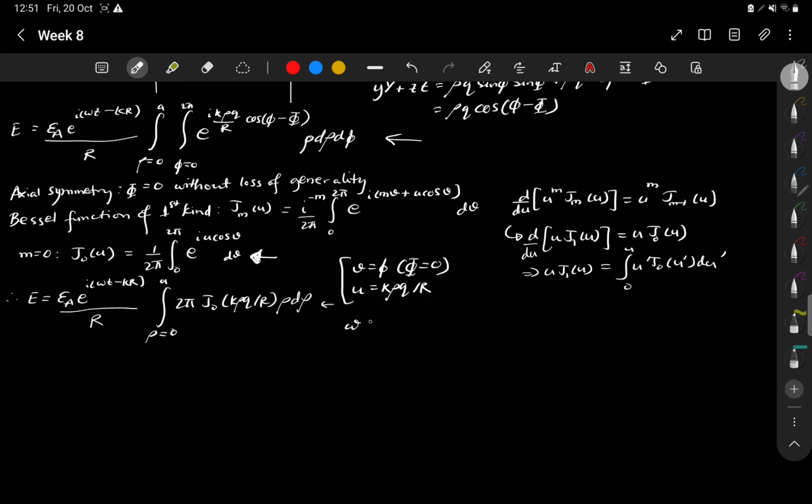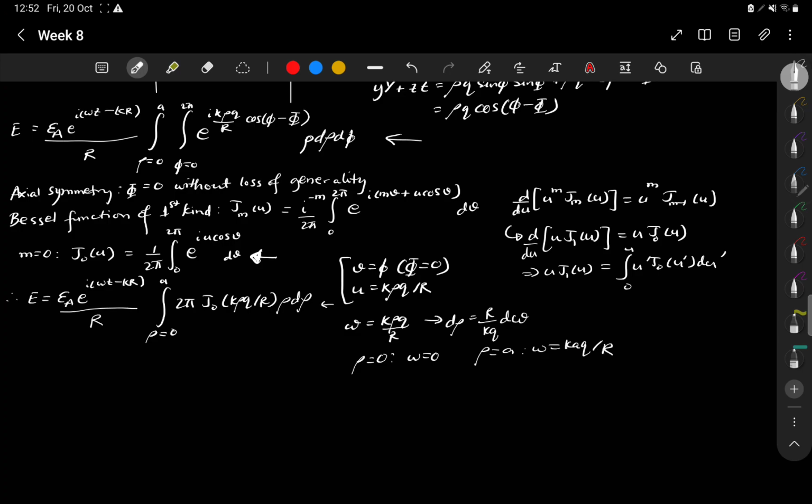We can, let's say, make w equals k rho q over r. This gives me d rho equals r over k q dw, and when rho equals 0, then w equals 0. When rho equals a, w equals k a q over r.